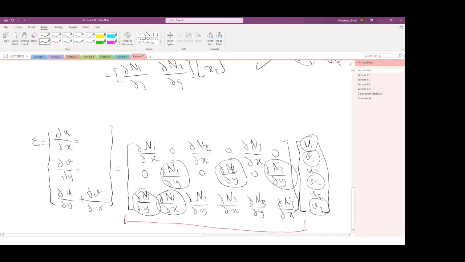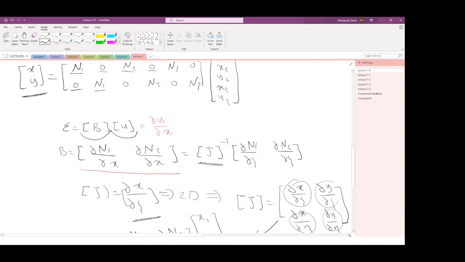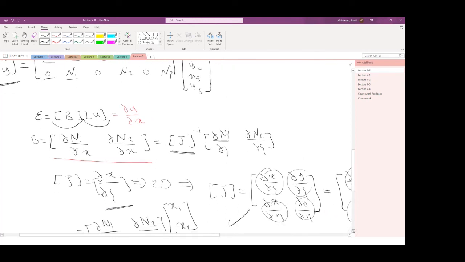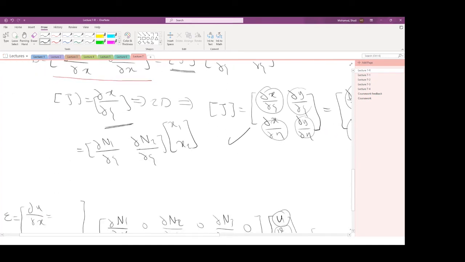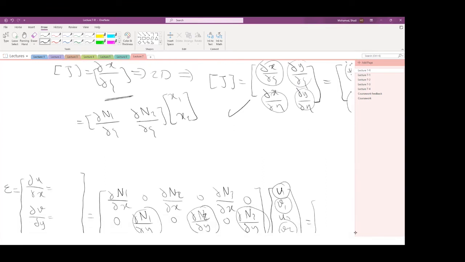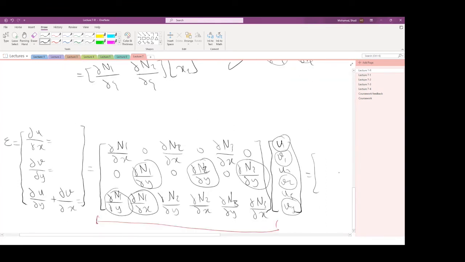So you have a 6 by 1 vector multiplied by a 3 by 6 matrix, and the multiplication is just going to give you the 3 strain components, epsilon x, epsilon y, and epsilon xy.